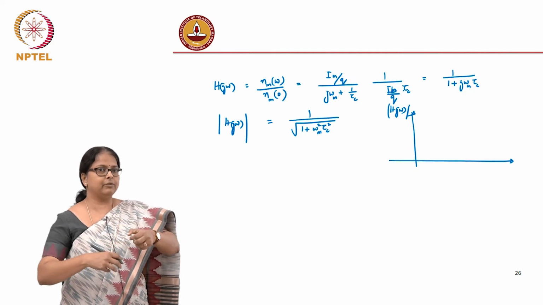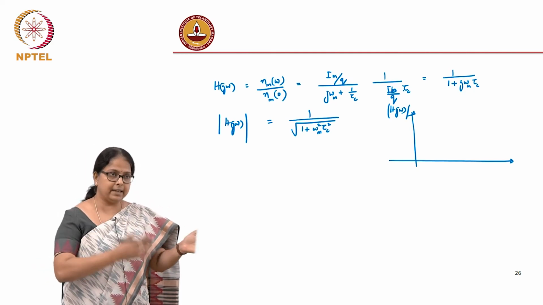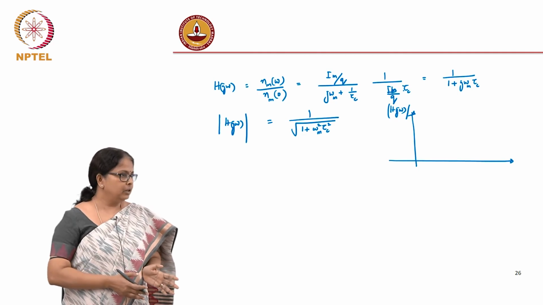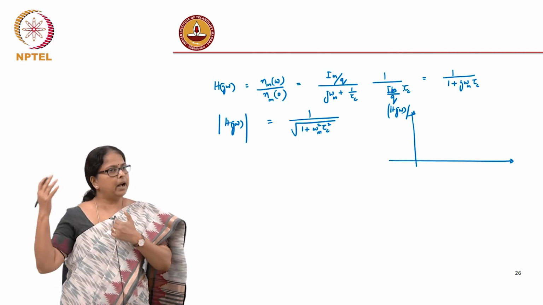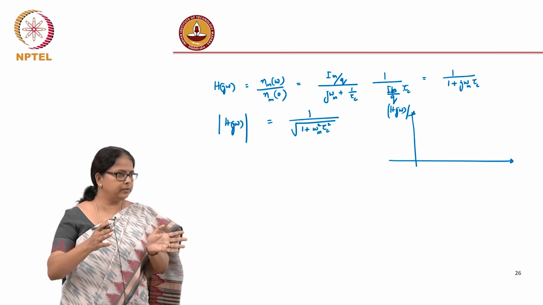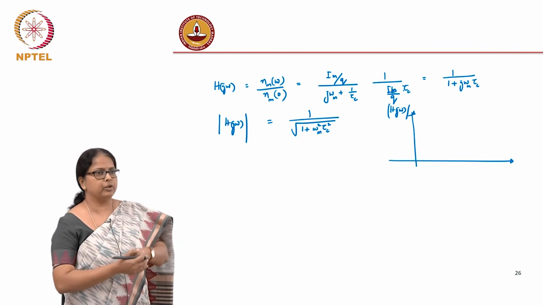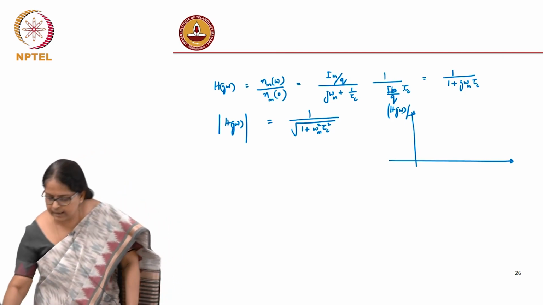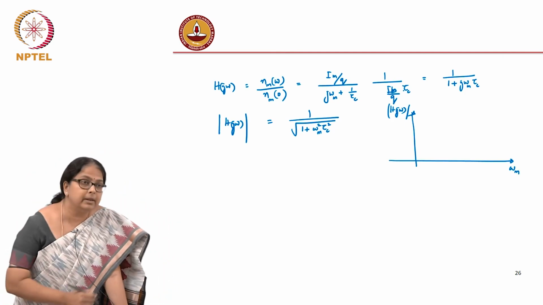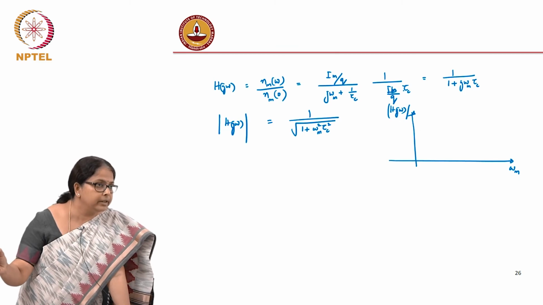So, we are assuming that the photons are also generated with the same response. So, this is the response of my output power also. So, this mod h of j omega is not just the response of my carrier density, it is the same as the response of my output photons. And my x axis is omega m, that is a variable, I can keep changing my modulating frequency.